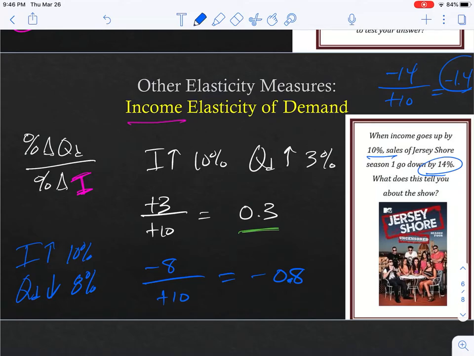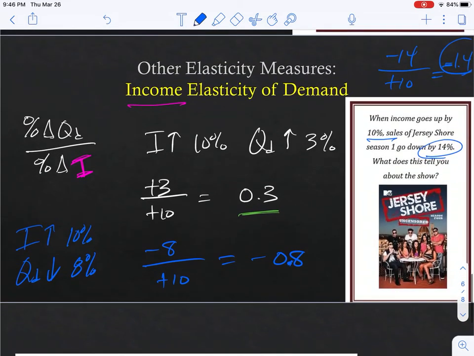So you know it's fairly sensitive to income. That's a larger answer in terms of absolute value, but it's also negative. And what does the negative sign tell you? Income goes up and you buy less of it. What kind of good is that? That suggests that Jersey Shore is an inferior good.